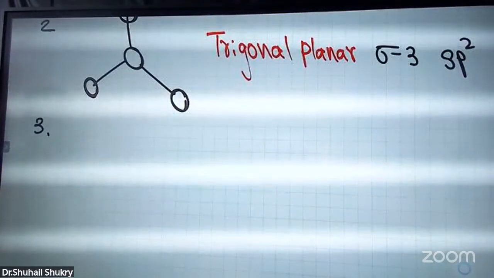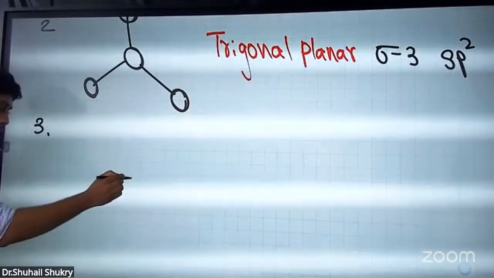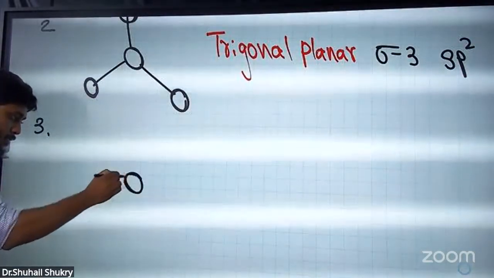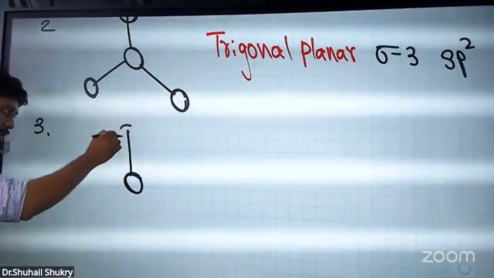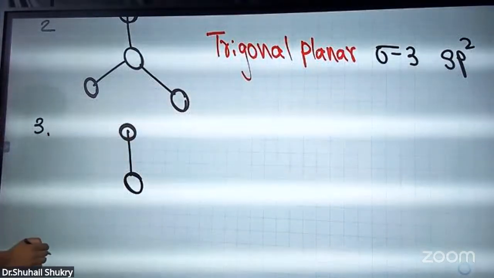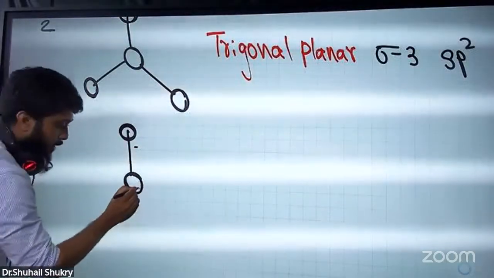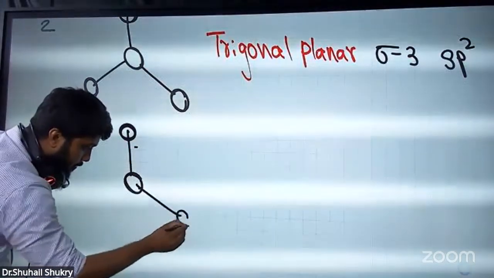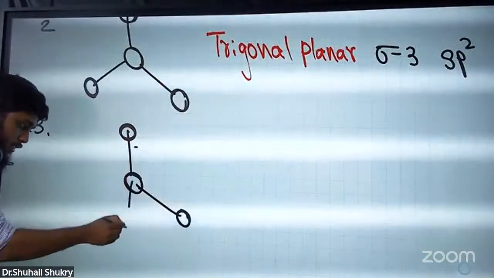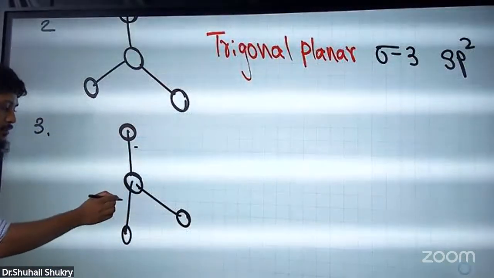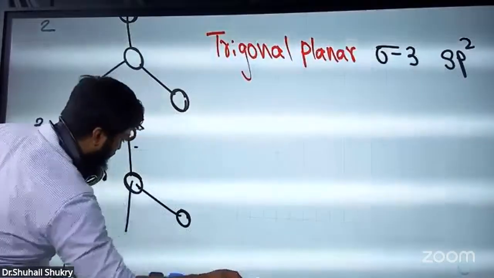Then number 3 is like this. They connected the first one like this. Then at 109.5 degrees, they connected another one to this side, and another one to this side. Actually, I can't draw this. This is a 3D view.